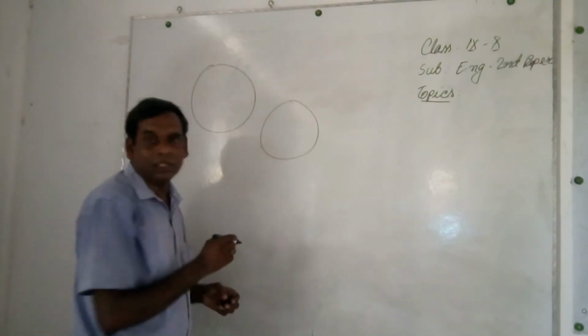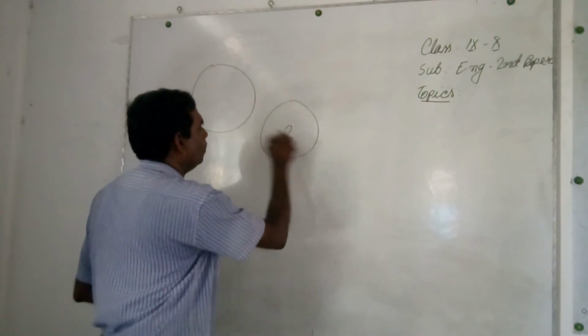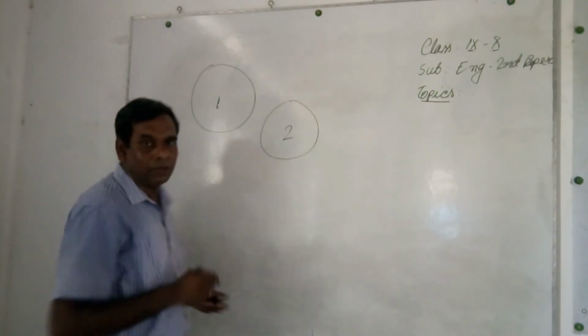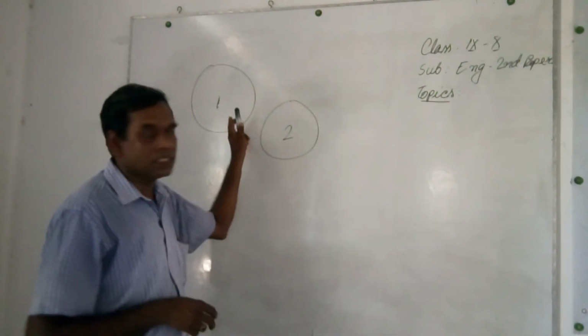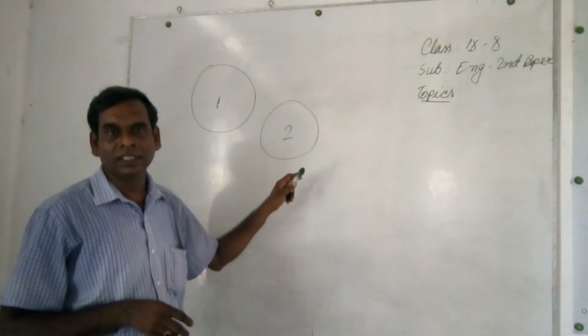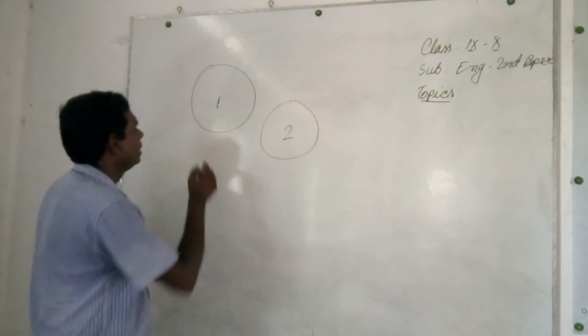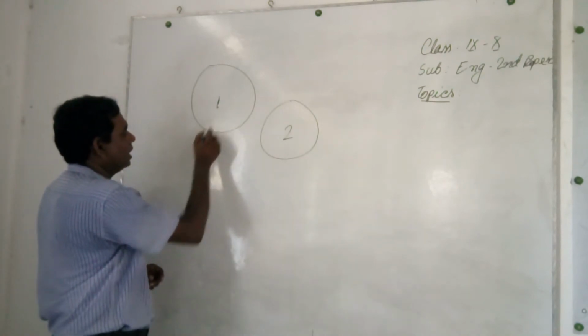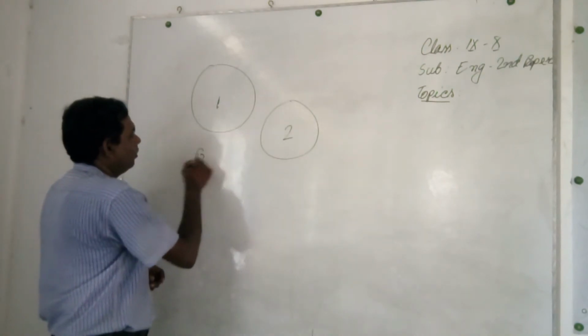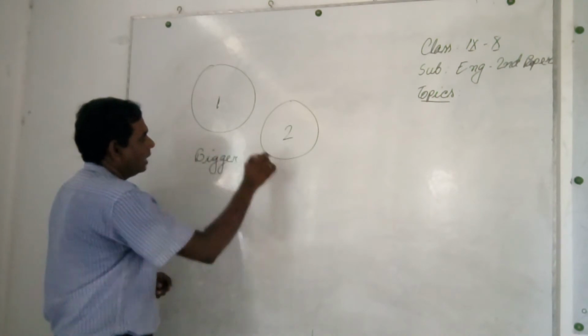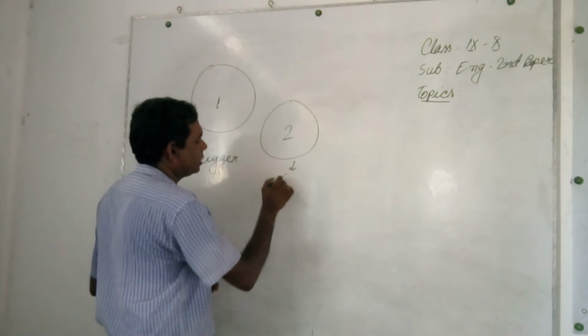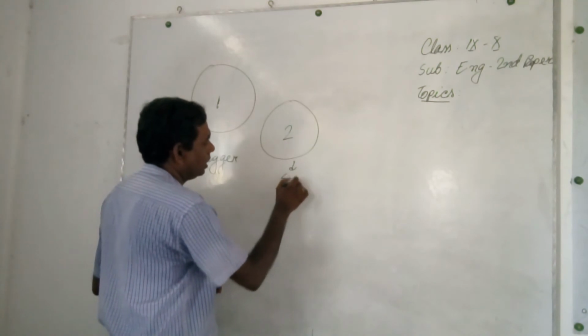I have drawn circle number 2. Now you can easily say which circle is small or big. It is clear that circle number 1 is bigger and circle number 2 is smaller.